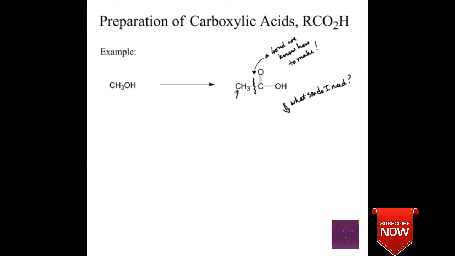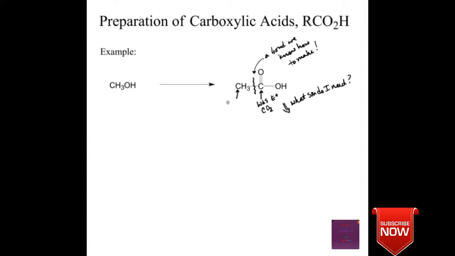So let's take a look at the 2 carbons involved in this reaction. We want these 2 carbons to come together. One of them must have been a nucleophile. One of them must have been an electrophile. The carbon that is now a carboxylic acid, that carbonyl, was my electrophile. What did it look like before the nucleophile added? This was carbon dioxide. It was a carbonyl and another carbonyl.